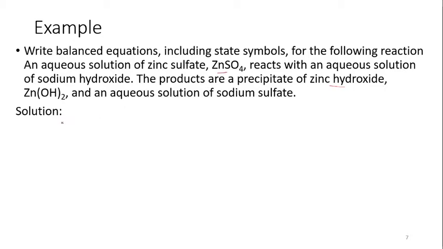I have zinc sulfate, and it says here that it is an aqueous solution, so I write aq, plus I have also an aqueous solution, this time sodium hydroxide, NaOH, and the product is a precipitate, zinc hydroxide, which is a precipitate, so I write s, plus an aqueous solution of sodium sulfate, Na2SO4, and this is an aqueous solution.